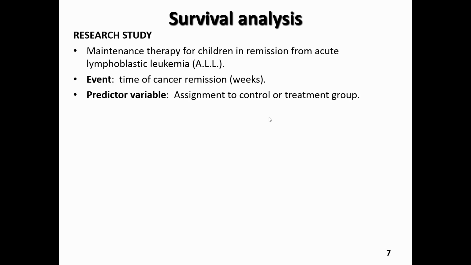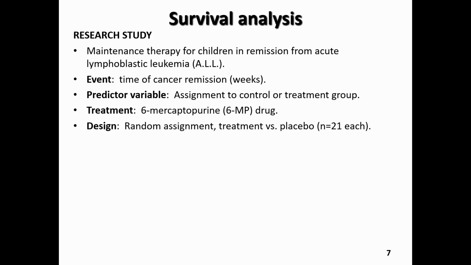In this hypothetical study, the children were randomly assigned to this new drug, this new maintenance therapy. So either they received the key medicinal ingredient in the drug, or they received the placebo or the control drug. The drug in this case is simply abbreviated as 6MP, whereas the children randomly assigned to the control group received a similar looking therapy, but it did not have the key medicinal ingredient.